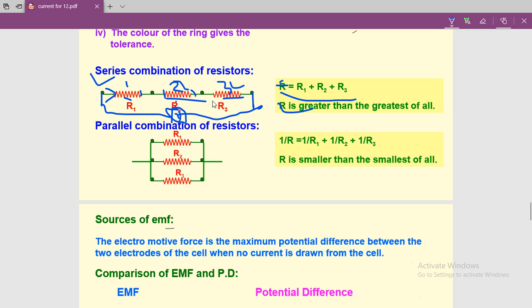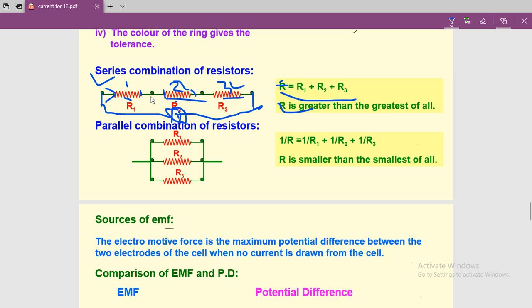Third, if R1, R2 and R3 are same, it means R1 is equal to R2 is equal to R3, then current through the resistors and potential difference across the resistors are also same. It means current through each resistor is same and potential difference across each resistor is also same.